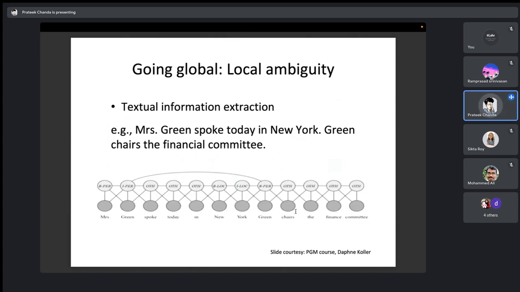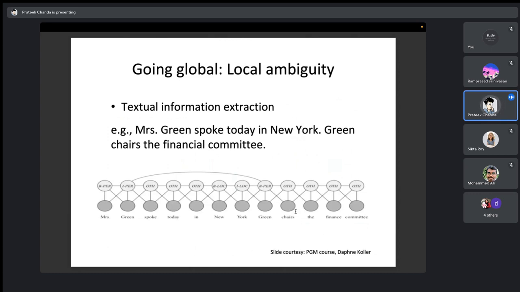From a human perspective, we can say it's about the same person, but for a machine learning model, if along with these two sentences we also have other sentences that have words like green t-shirt or a green flag or something like that, then it can actually refer to the color green, not the actual person Green. So resolving those kinds of ambiguity is also one of the uses of graphical models. And the issue is, how do you do this?